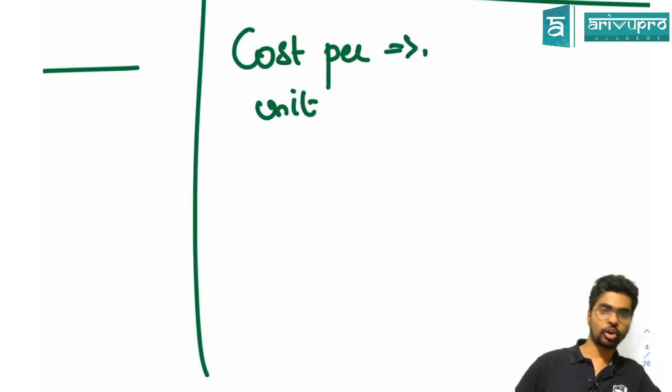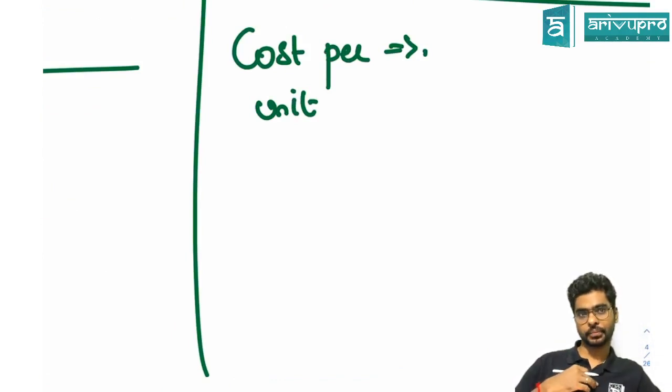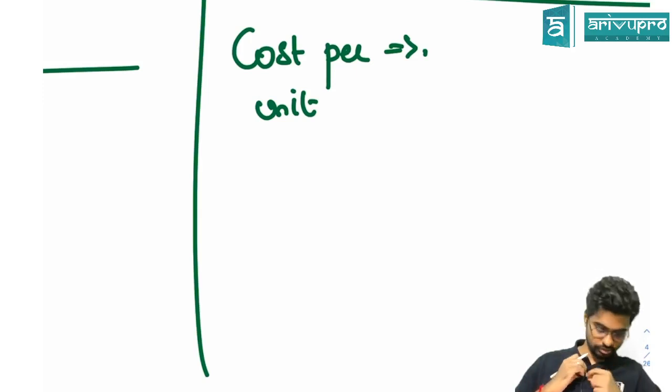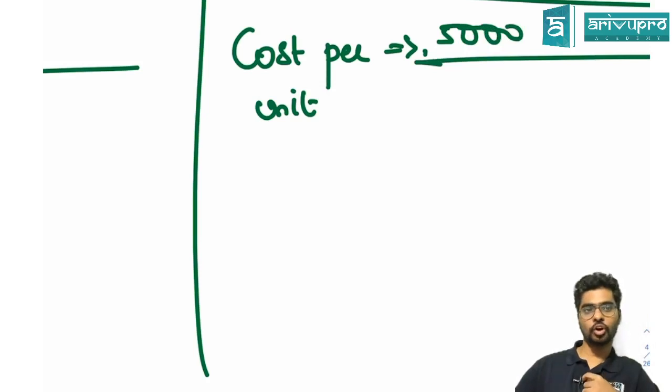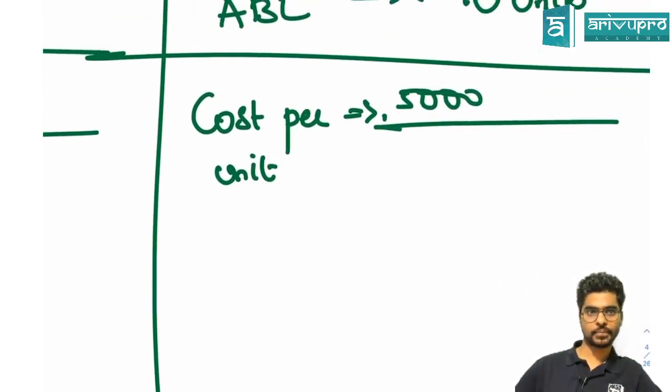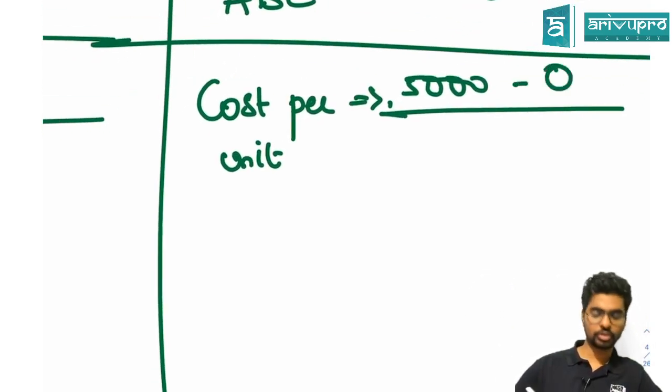What is my total cost? 5,000. Is there any scrap value for the normal loss? 0. What should have been my total output? 250.